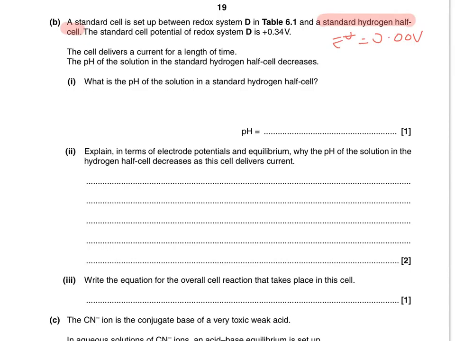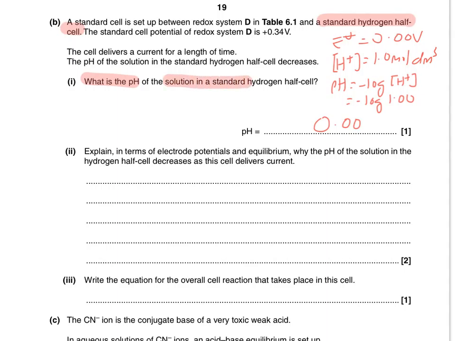And also the concentration of H plus is going to be 1 mole per decimeter cubed. So if they want you to work out the pH, you simply go to the fact that it's an H plus concentration of 1 and plug that into the pH calculation.